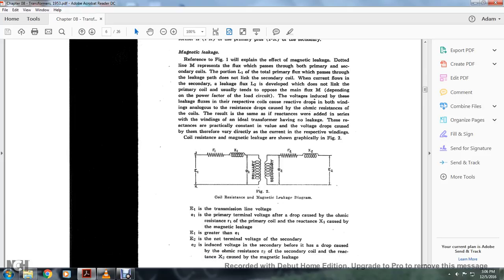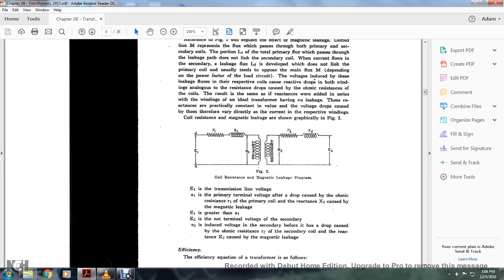Figure 2 shows the coil resistance and magnetic leakage of the primary and secondary coils, with resistances R1 and R2. E1 equals the transmission line voltage.